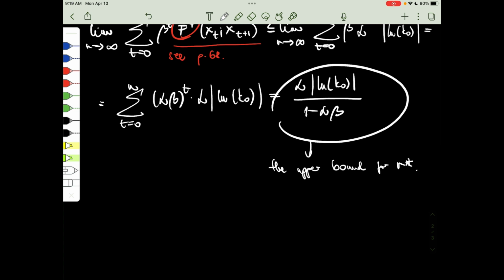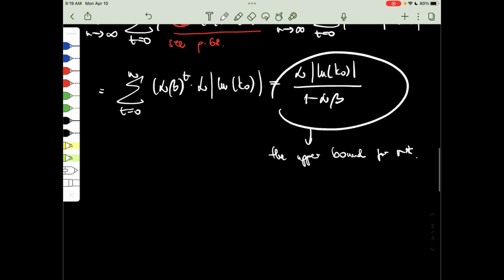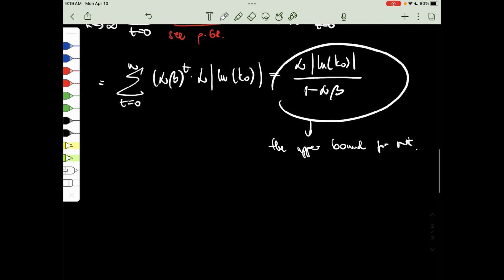All right. So we can say that the limit exists and it is finite. So assumption 4.2 applies. So what we can say now is that assumptions 4.1 and 4.2 apply.